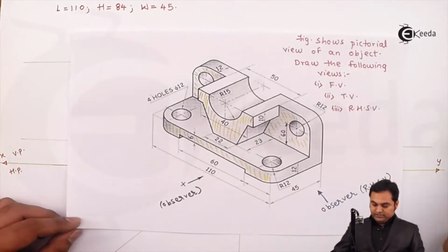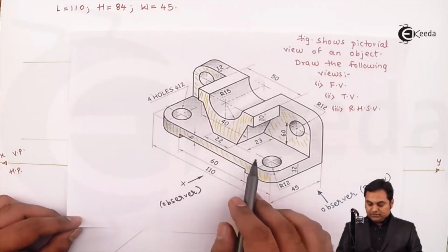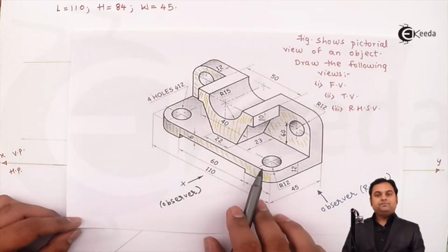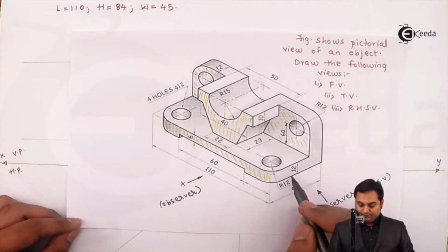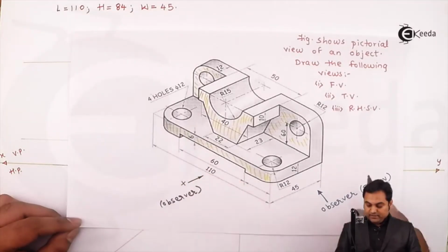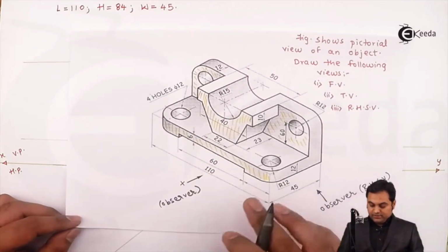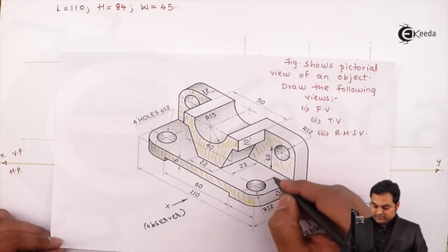So when we are looking as an observer along x direction, these two circles, they are hidden, so that I have to draw, and they are in this plate having 12 mm height. The diameter of the circle is 12 mm, and here I would be marking those circles, and the center of the circles, they are same.